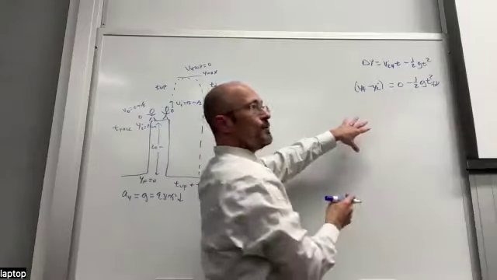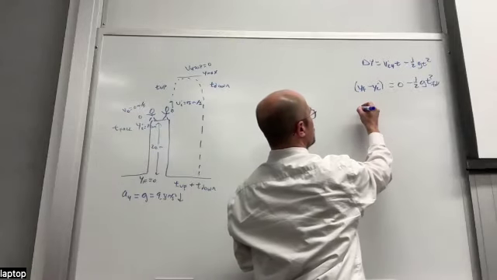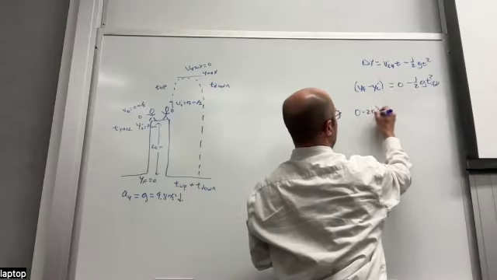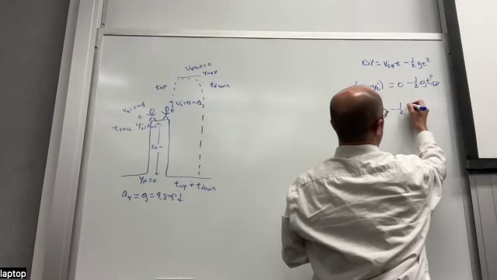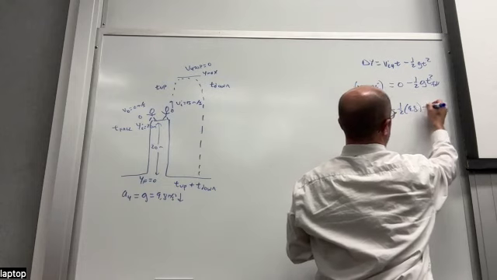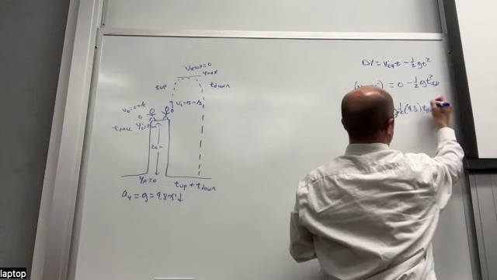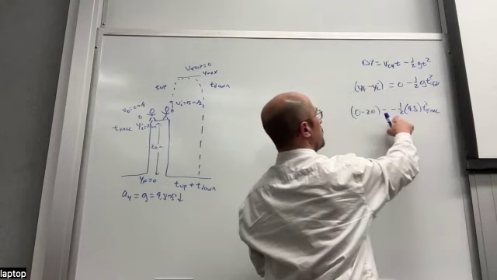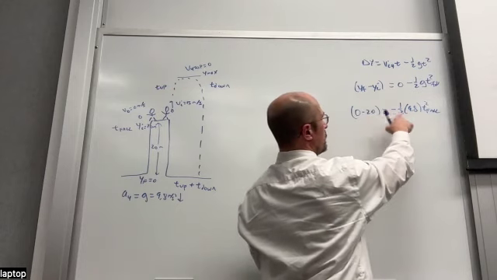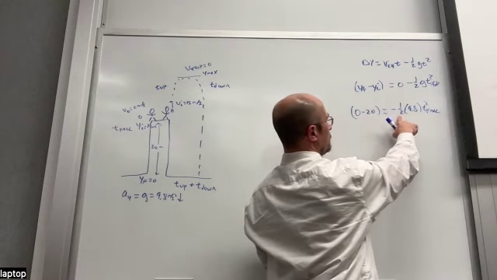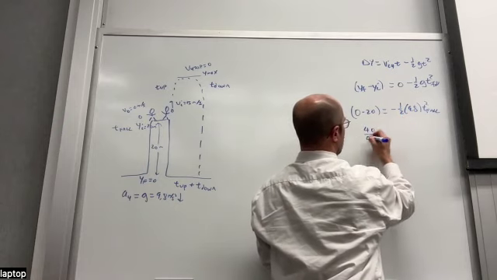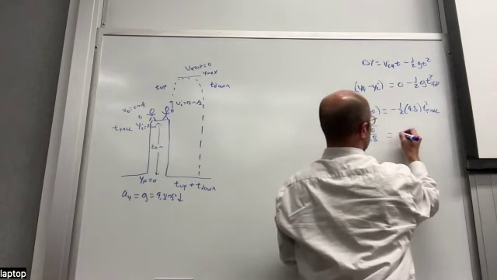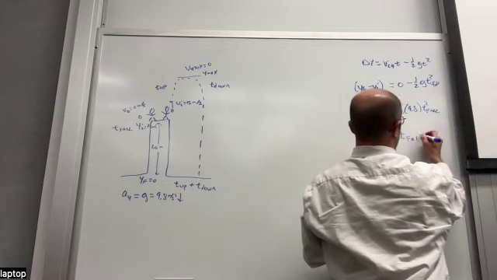And I'll try to write this. So y final minus y initial is 0 minus 20, equal to negative 1/2 times 9.8 t fall squared. So we can multiply both sides by negative 2. Then we have the square root of 40 divided by 9.8 equals t fall.